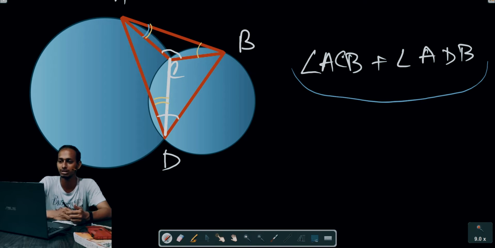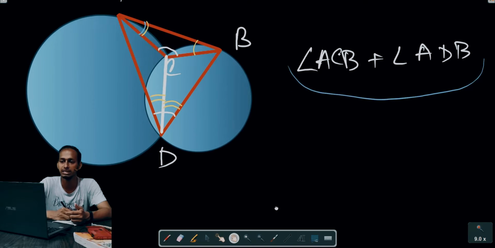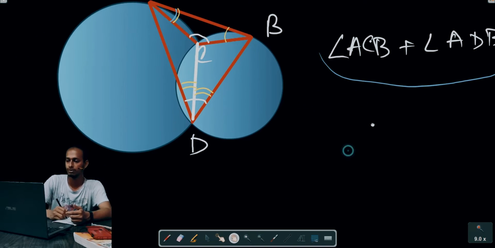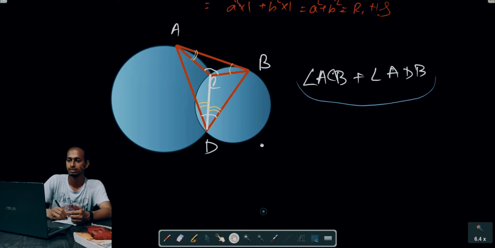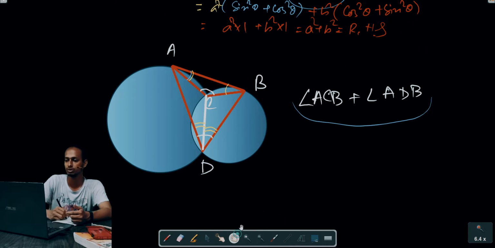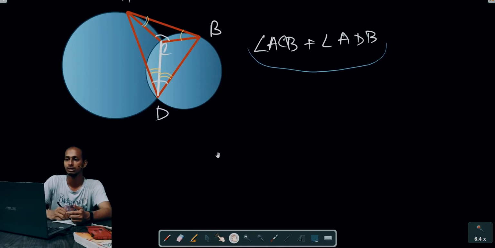In the same manner, if you take this angle, that is CBA, it should be equal to this one, that is angle CDB. So we will note this down first, before proceeding to the proof.